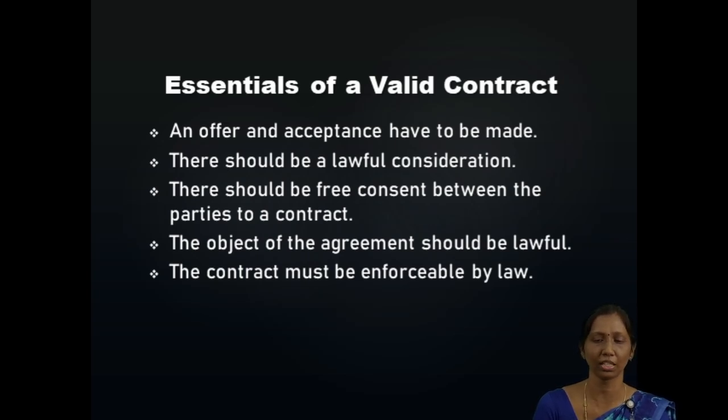That is called free consent. Then the object of the agreement should be lawful, as we have already seen, as per the legal provisions. Then the contract must be enforceable by law. If it fulfills all the conditions, we can say it is a valid contract.